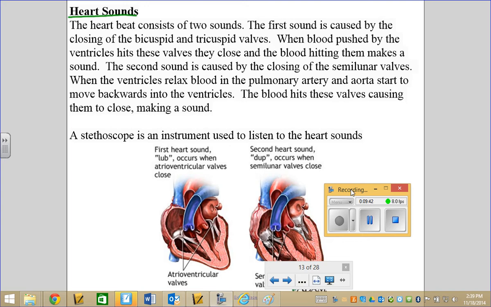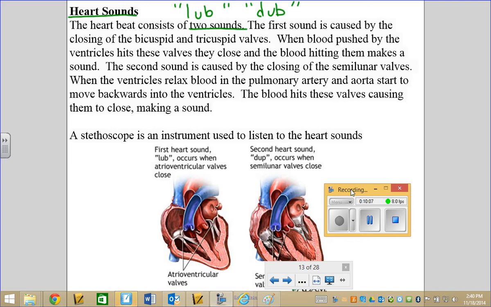But your heartbeat consists of 2 sounds. Now I mentioned earlier that the 2 sounds are called the lub and the dub. But what's important to me is that you know what is causing them.